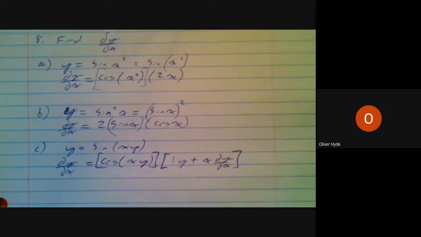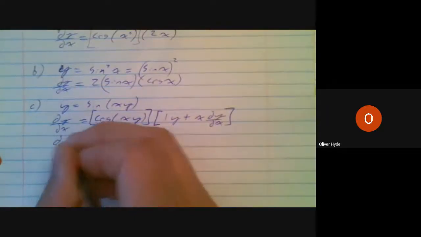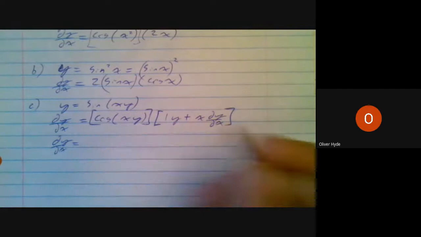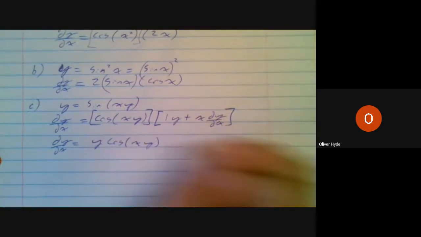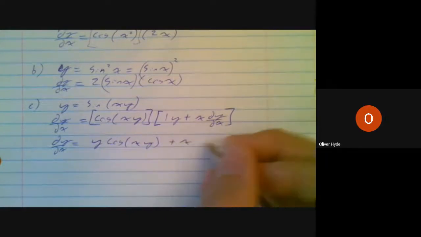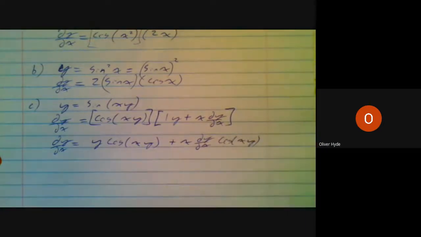Good. And we were asked to find an expression for dy by dx, so I feel like I should isolate dy by dx. Let's distribute on the right-hand side. I'll have y cos xy plus x dy by dx cos xy. I was thinking about in what order I wanted to write this. Then I realized it doesn't really matter.